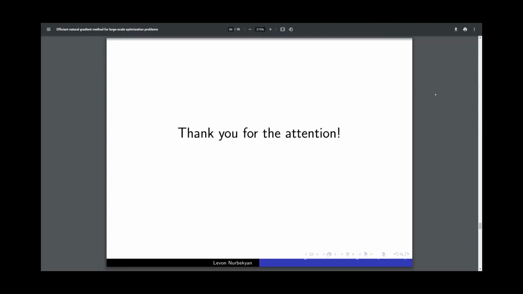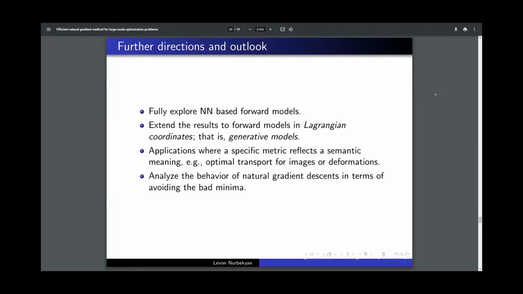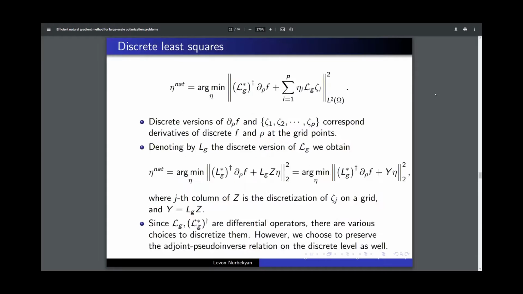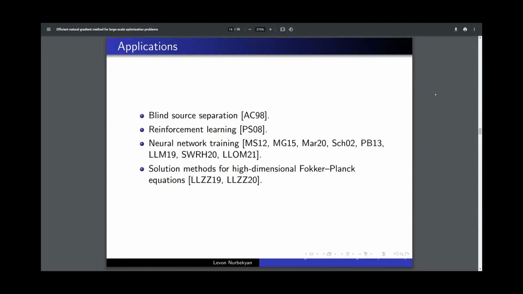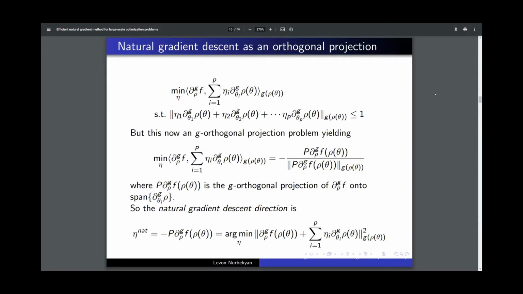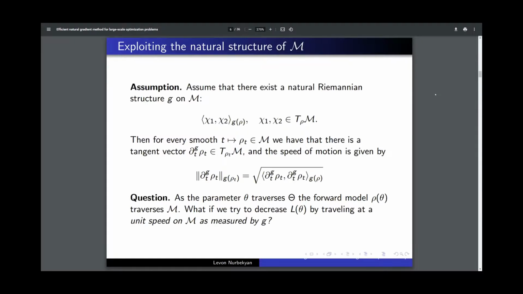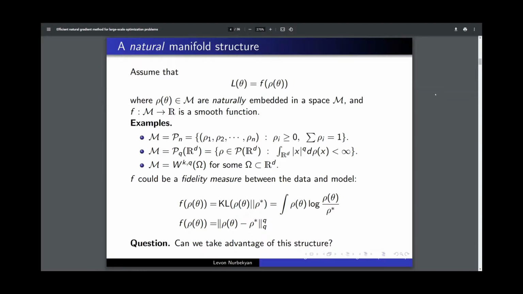So it has to have this kind of composite structure. Let me go back to, yeah, it has to have this composite structure where it's a loss function, where f is like a loss on top of some model, which is, let's say, in a probability simplex, or you have some other structure.